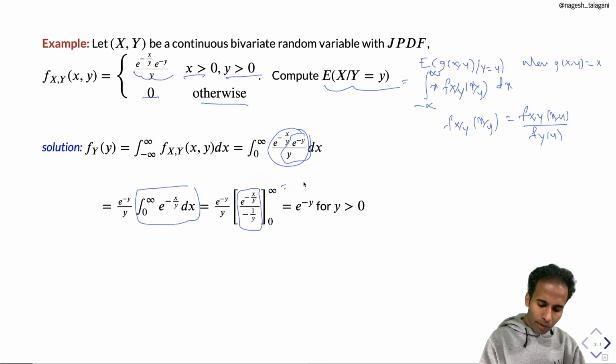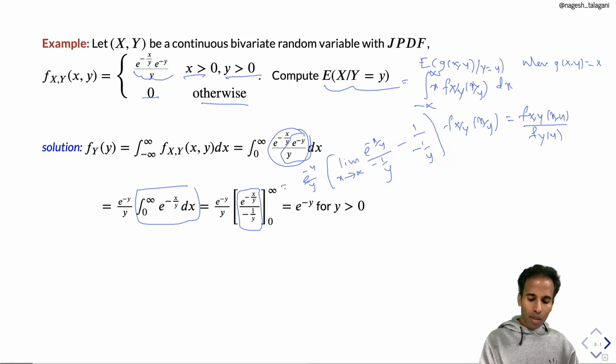If you apply these limits, at x tending to infinity it is e^{-x/y} by minus 1/y, and if you apply 0, it is 1 by minus 1/y. Here, as y is positive, the limit of e^{-x/y} is going to be 0 as x goes to infinity.